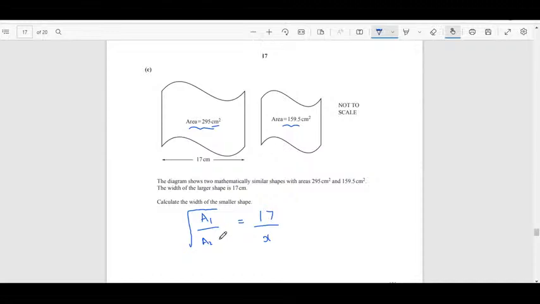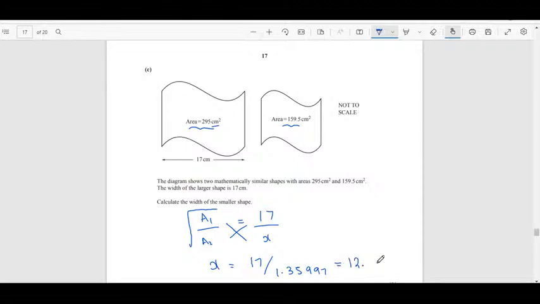Okay, so I'll cross multiply and x is going to give me 17 divided by the answer I got, 1.3597, because I'll be using the value directly, whatever I'm getting, so that does not matter. And then 17 divided by this value would give me 12.5. So it is completely fine.